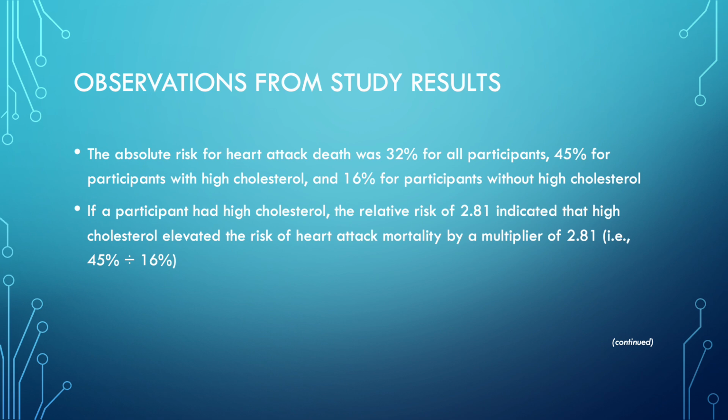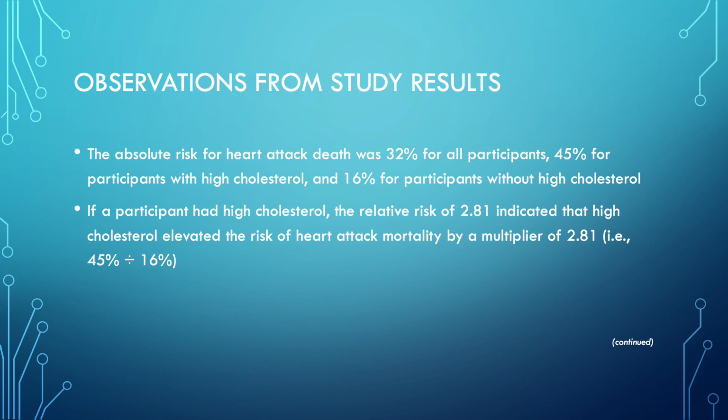So what does all this data mean? The absolute risk for a heart attack death was 32% for all participants. So regardless of whether they had high cholesterol or not, their risk of dying from a heart attack was 32%, okay? Or 32 out of 100 people would have died from a heart attack.